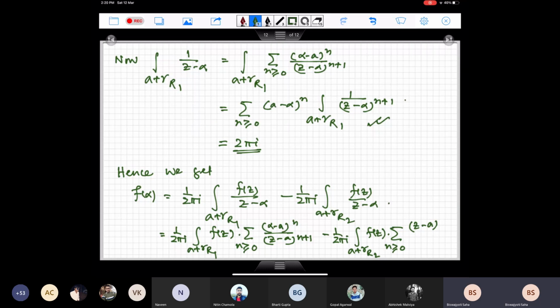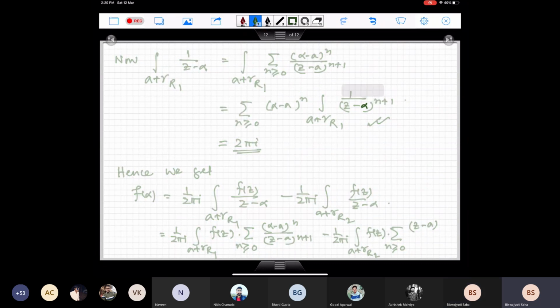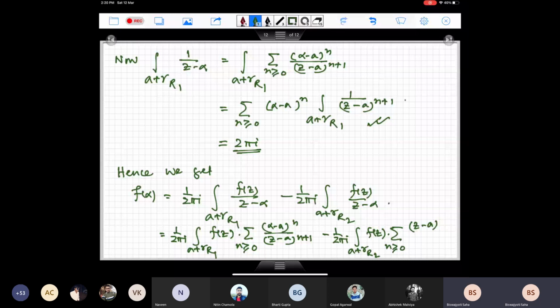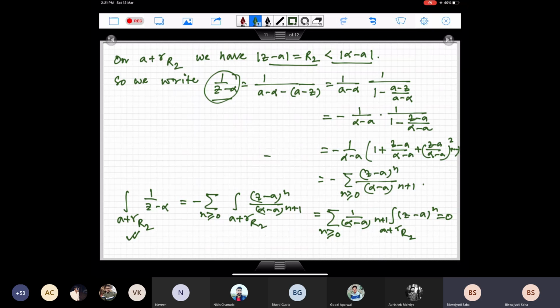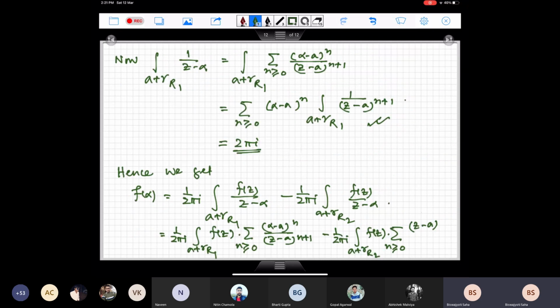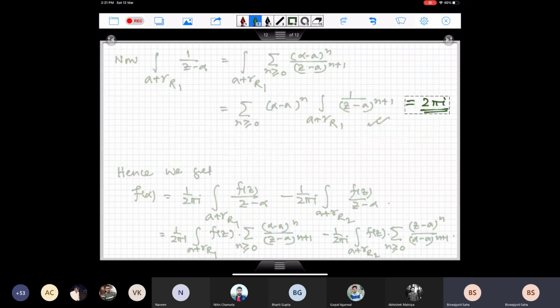Alpha minus a, z minus a. Okay, now this is z minus a. I hope in the previous one I wrote correctly. Yeah. Okay, so here I have z minus a to the power n and then alpha minus a to the power n plus 1. So this is what I get, and overall you see again I have uniform convergence of all these infinite sums. So they can be written, maybe I'll write it in this page itself.